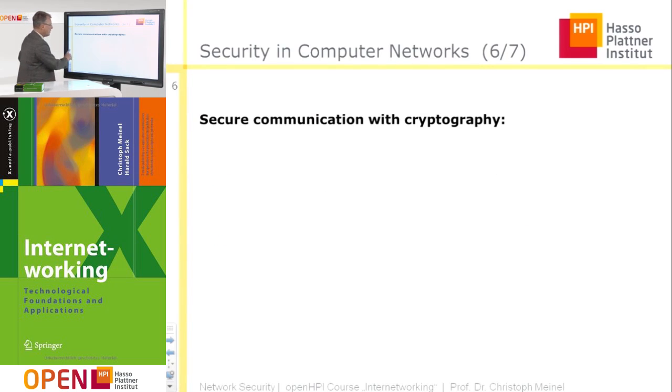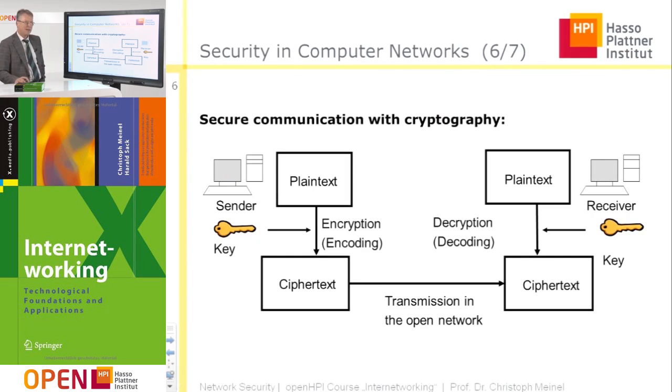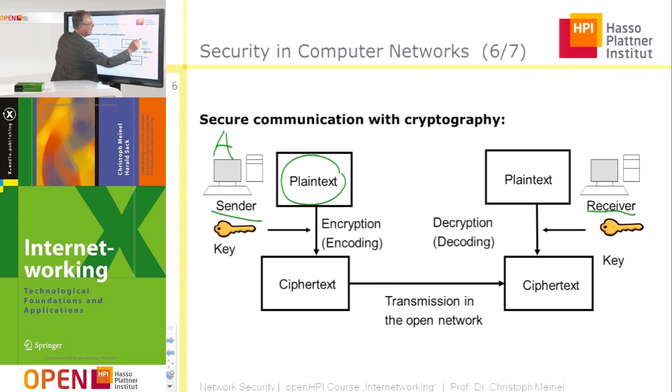Let's have a closer look at these encryption methods. Here we have our plain text. The plain text is a text that sender A, Alice, wants to send to Bob, the receiver on the other side. Alice wants to send this plain text over the open network.